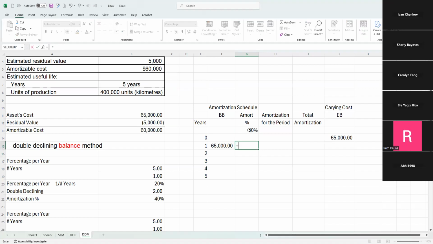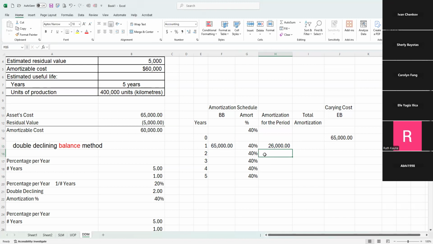So then I'm gonna drag this 40%, because that's gonna stay every period. So the first will be this one times that one. So $26,000 will be my amortization for the first year.